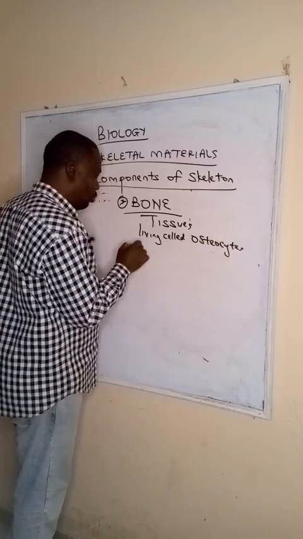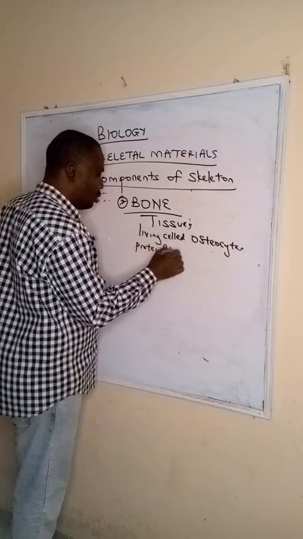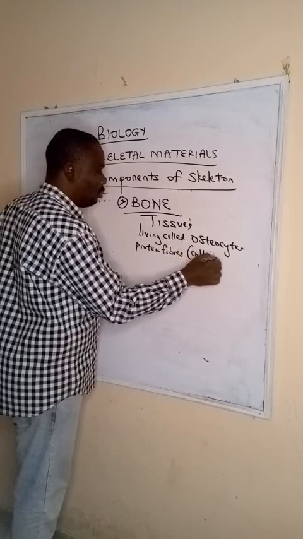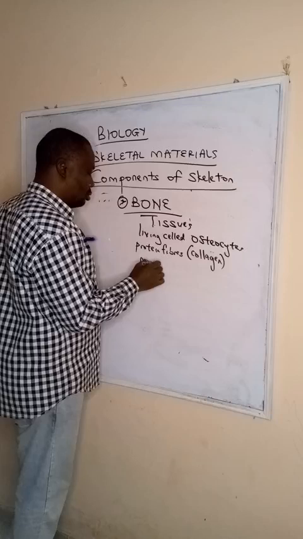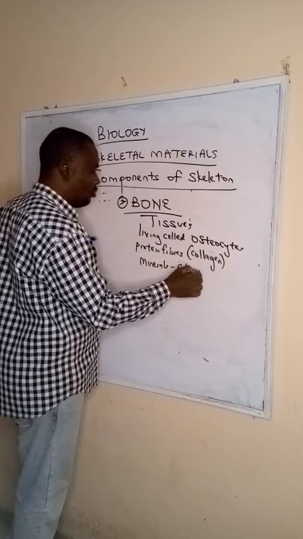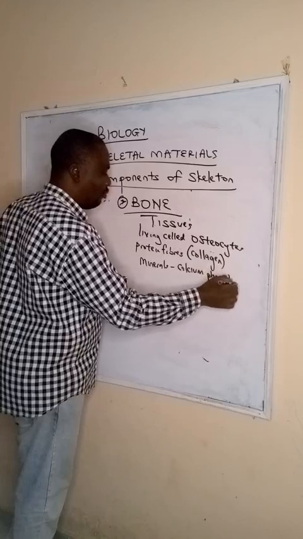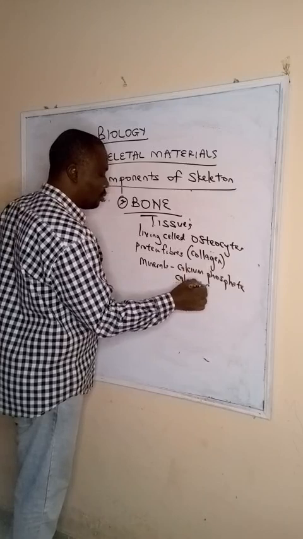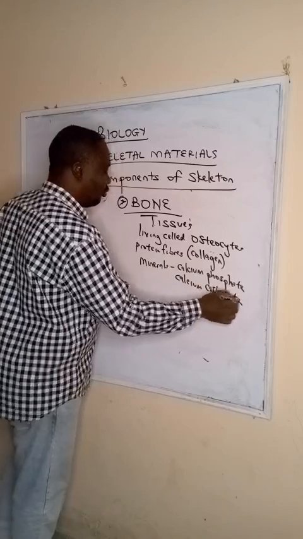It has protein fibers called collagen. It has minerals like calcium in the form of calcium phosphate and calcium carbonate.